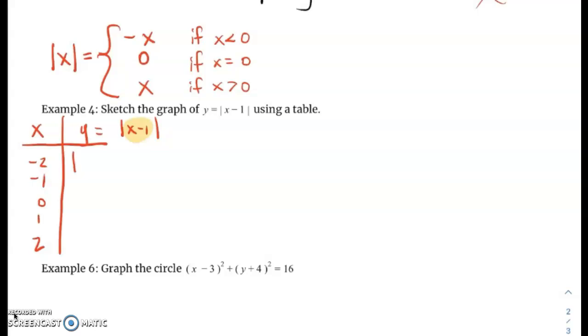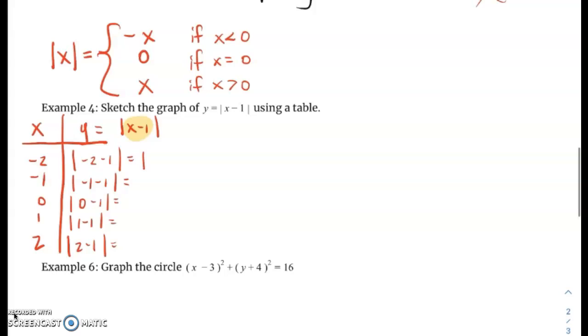It would be negative 2 minus 1, negative 1 minus 1, 0 minus 1, 1 minus 1, and 2 minus 1. Okay, now let's evaluate those. Negative 2 minus 1 is negative 3. Then negative 2, negative 1, 0, and 1.